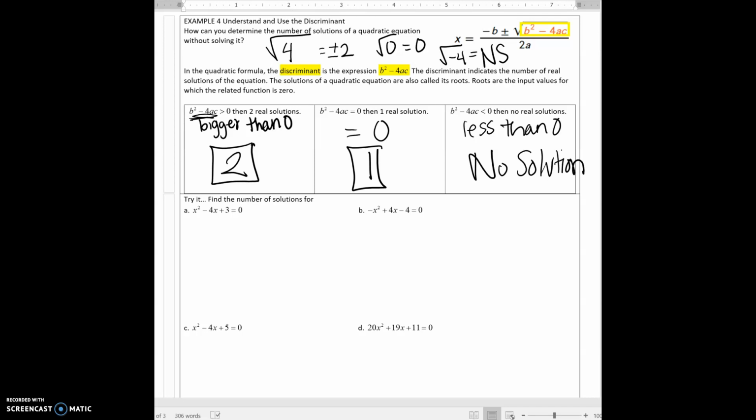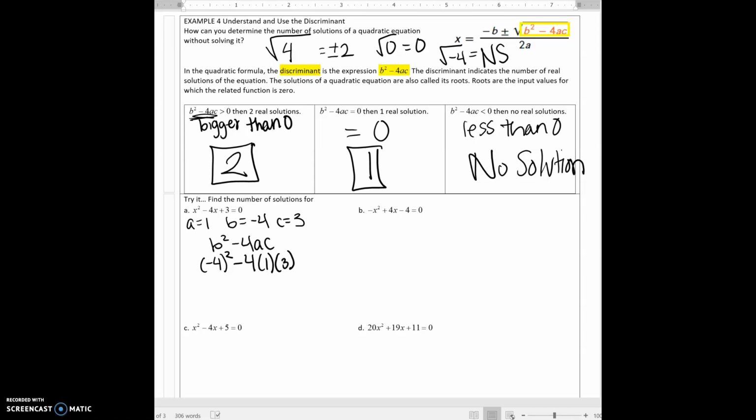Okay, so to do this, you're literally just going to use that b squared minus 4ac. So a is 1, b is negative 4, c is 3, and I'm just going to use the b squared minus 4ac part. I'm not going to plug in any of the other ones. So I'm going to have negative 4 squared minus 4 times a times c.